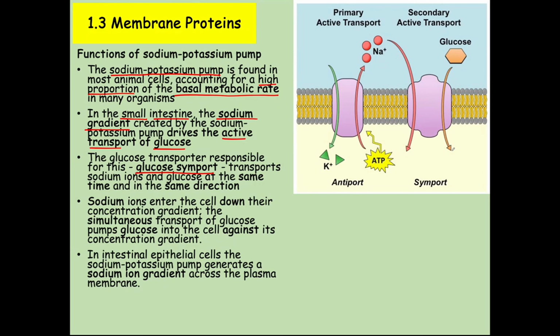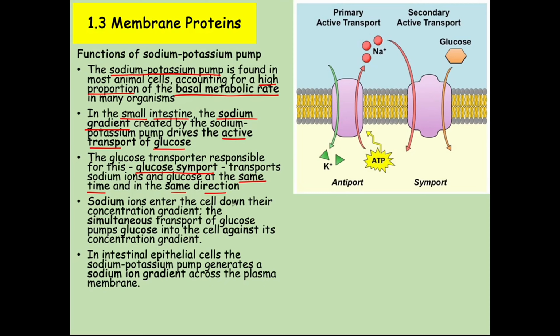Now, on its own, that would require a lot of ATP and energy to be transported. But because we're transporting it at the same time and in the same direction as this sodium ion here, which is going from a high concentration to a low concentration, i.e. passive transport, we can transport both without having to hydrolyze all of our ATP in order to do that.